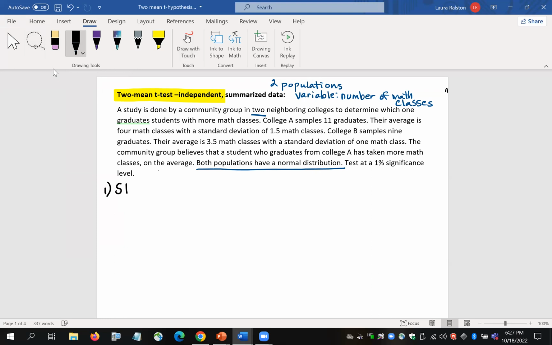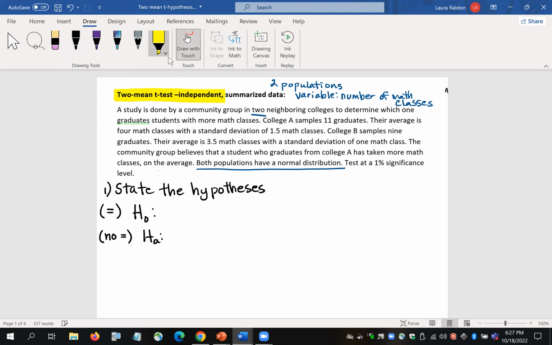The first step in any hypothesis test is to state the hypotheses. Remember that the null must contain equal in some form, and the alternative does not contain equal in any form. So if I go back through and look at this problem, it says the group believes a student who graduates from college A has taken more classes on the average.